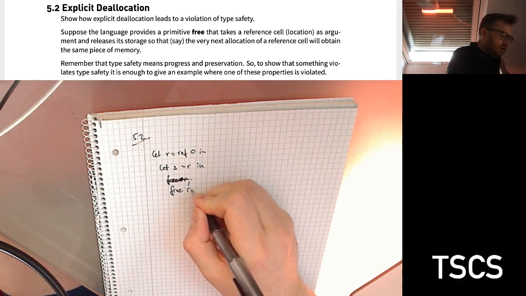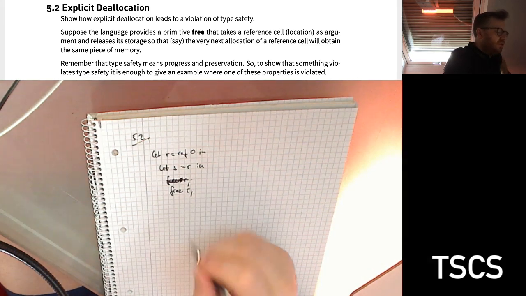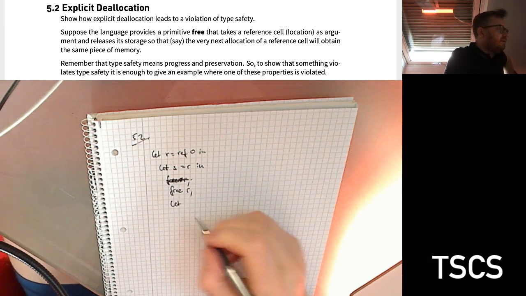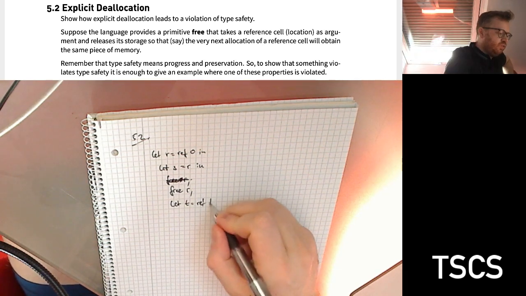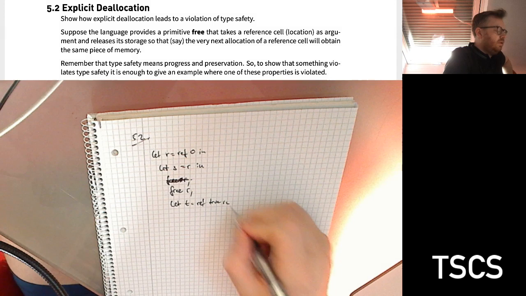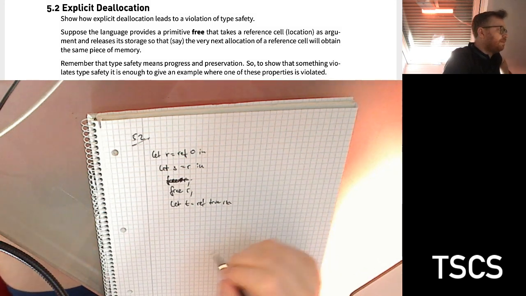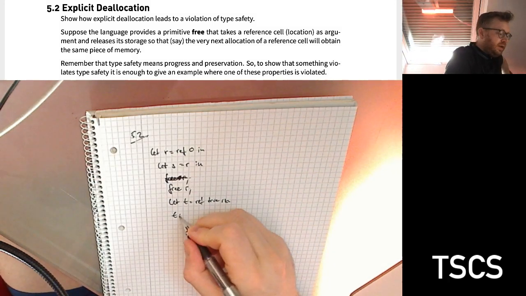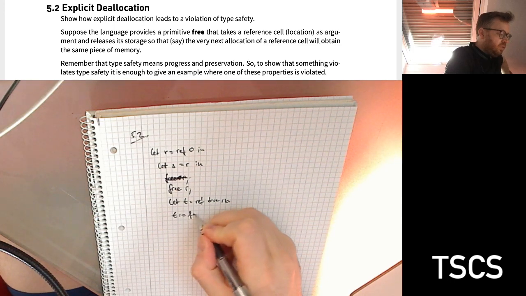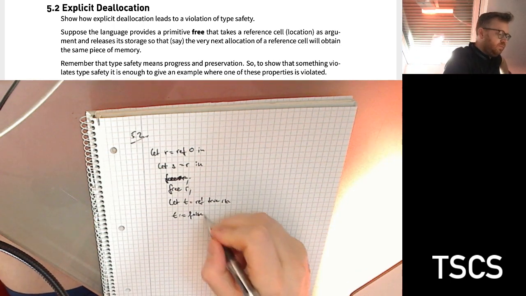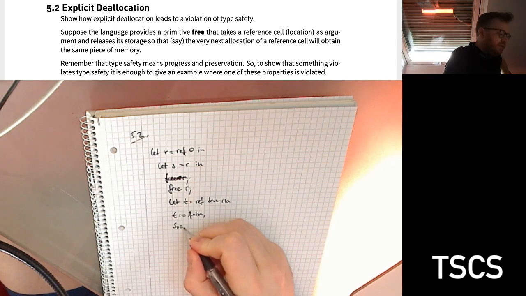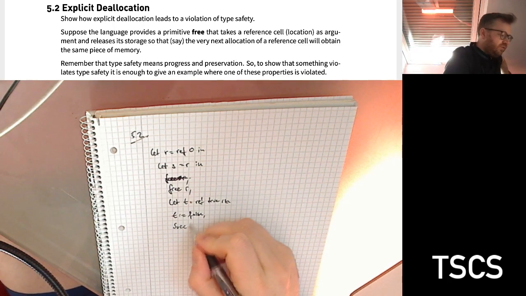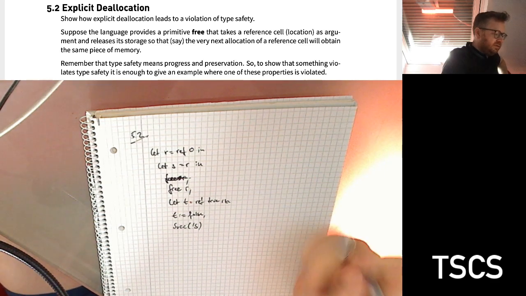Free R, and then let's say let T be a reference to true in, and then let's assign false to T, sequence that, and get the successor of S.